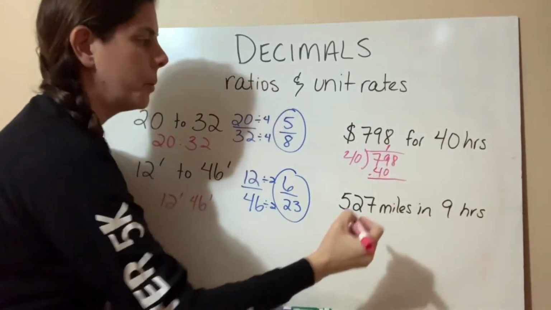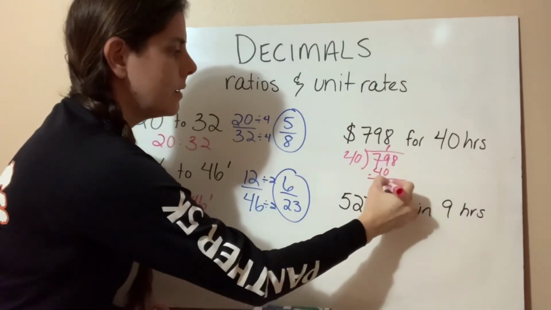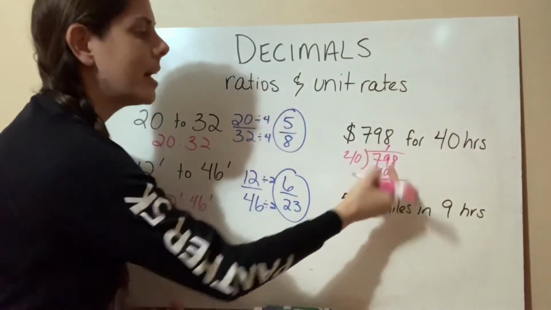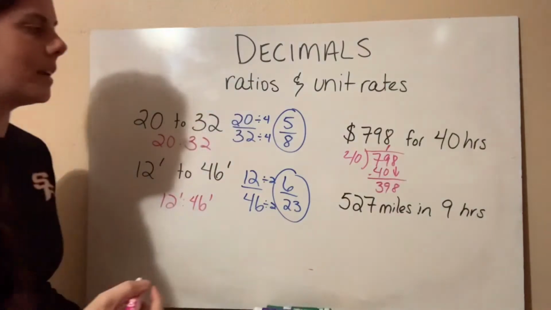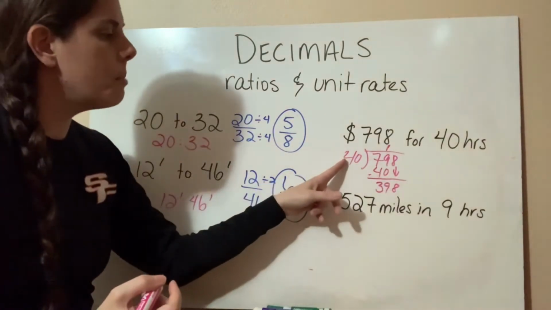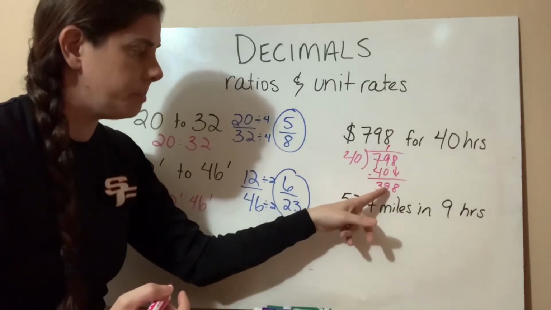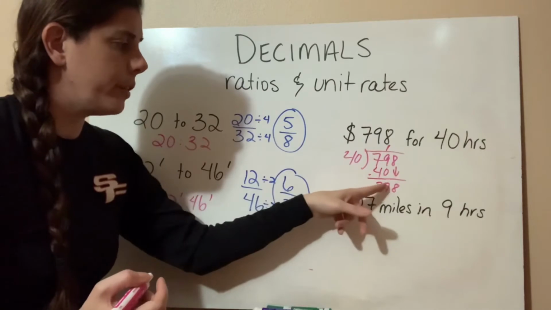And I may run out of room. And then 79 minus 40 is 39. And we bring down our 8. That gives us 398. And we want to see how many times does 40 go into 398. Well, when I do this, I take the 4 and go into the 39.